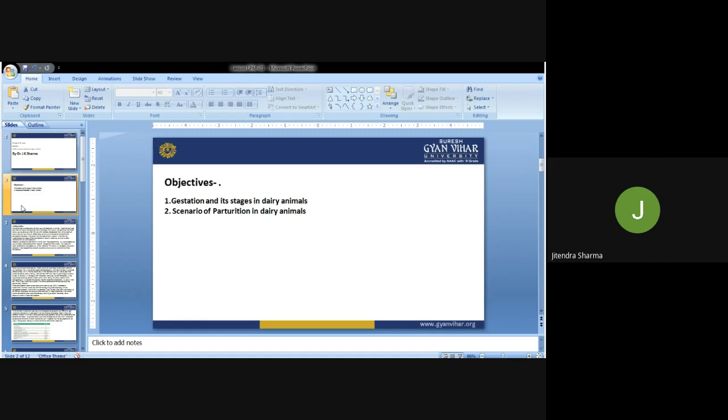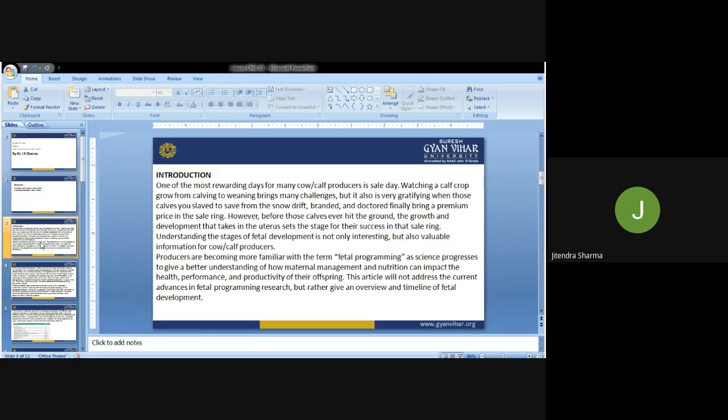in dairy husbandry. So let us have a first look at the introductory part. One of the most rewarding days for many cow producers is sale day. Watching a calf grow from calving to weaning brings many challenges, but it also is very gratifying when those calves you struggled to save from the snow drift, branded and doctored, finally bring a premium price in the sale ring.